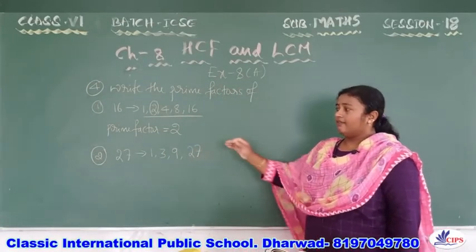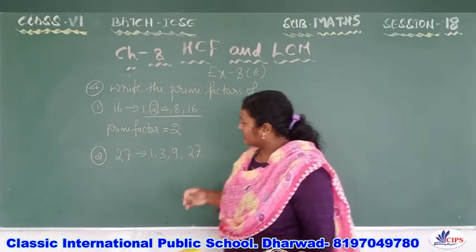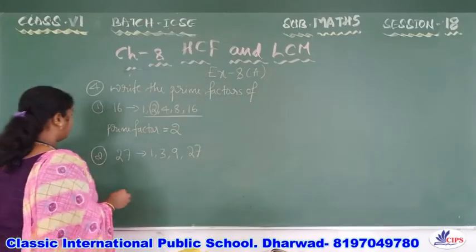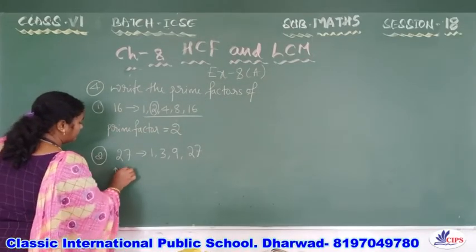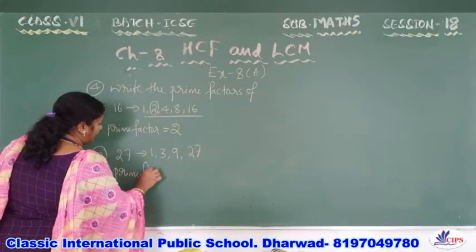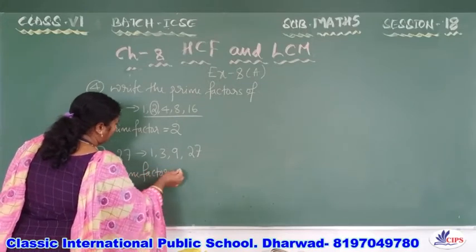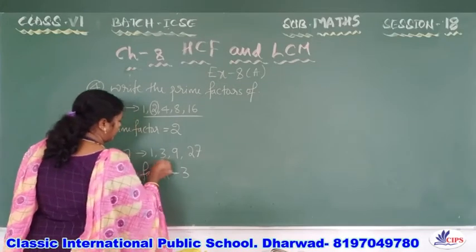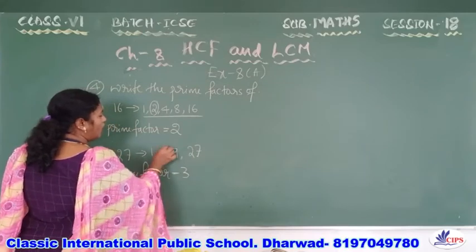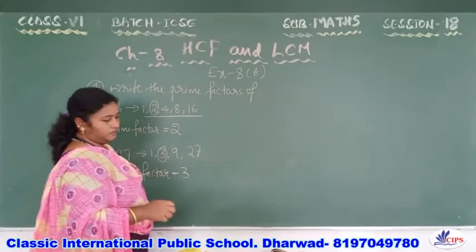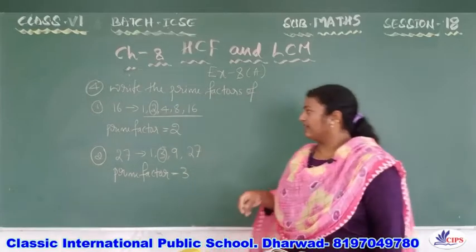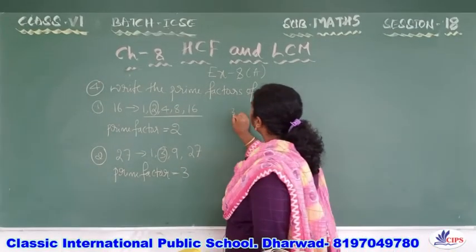These are the factors of 27. In this, which are the prime factors? The prime factor of this number is 3. Remaining all are composite. Only 3 is a prime factor because it's a prime number.